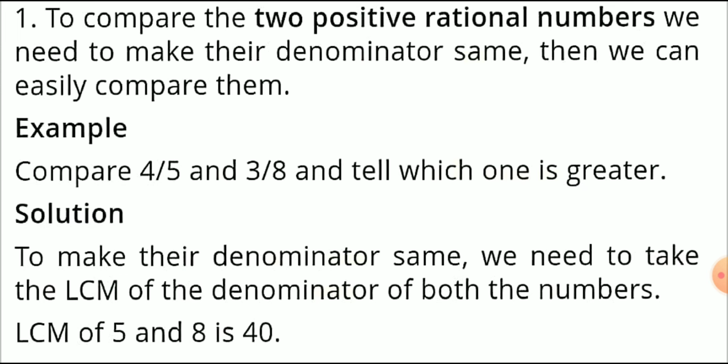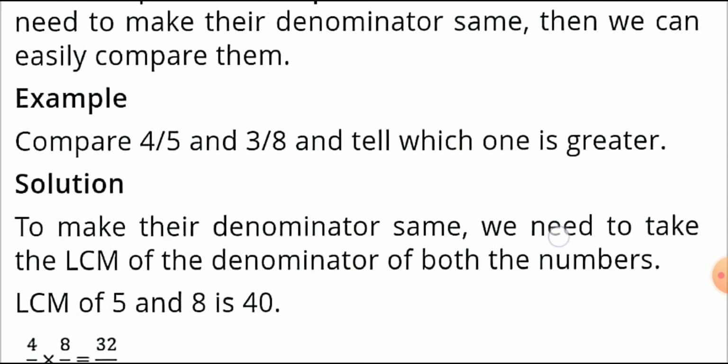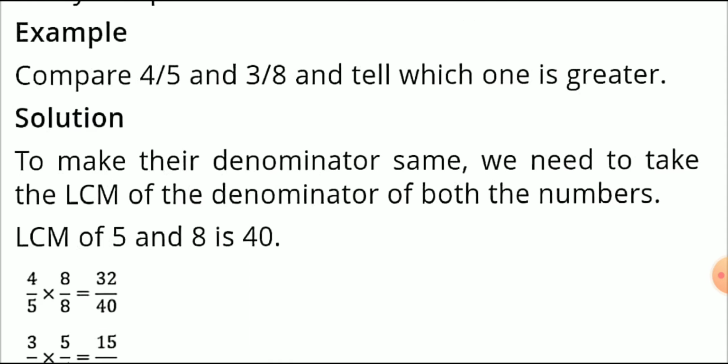Compare 4 upon 5 and 3 upon 8 and then tell which one is greater. First we will take the LCM of 5 and 8. The LCM of 5 and 8 is 40, correct? To make the denominator 40, you will multiply both the numerator and denominator of 4 upon 5 with 8.